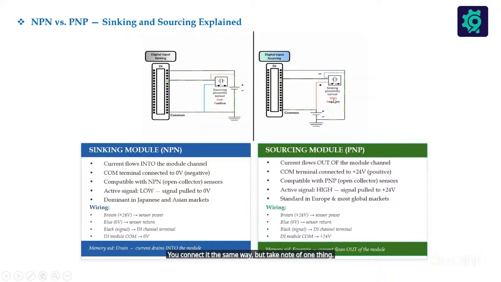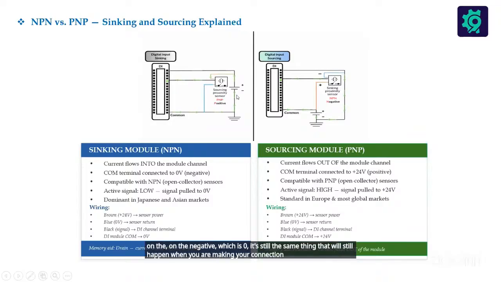When you are connecting the sinking PLC, your blue is switched with the orange. Am I correct? So the brown still ends up on the positive end, and then the blue ends up on the negative, which is 0 volt. It's still the same thing that will still happen when you are making your connection.